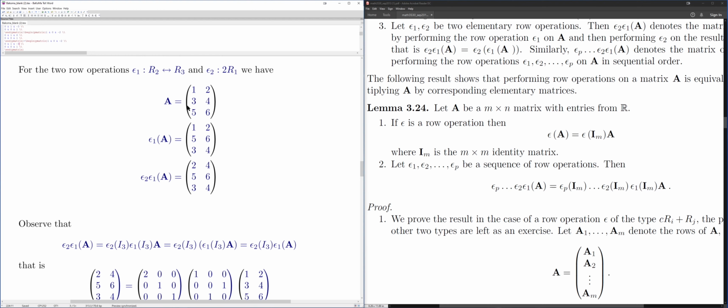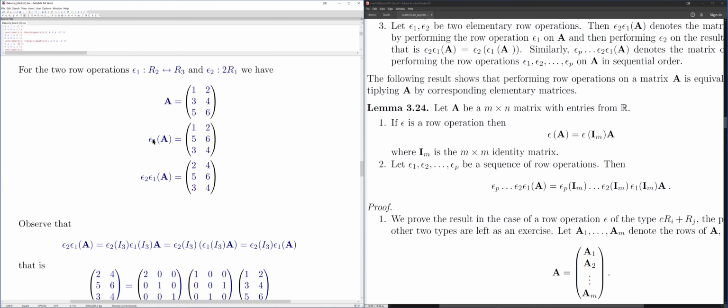This is my matrix A. The first one is switching the bottom two rows, and the second one is multiplying row one by two. So to go from here to here, I switch the two bottom rows, and to go from here to here, I multiply row one by two.